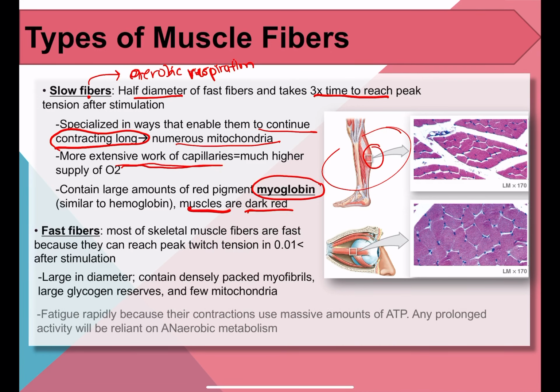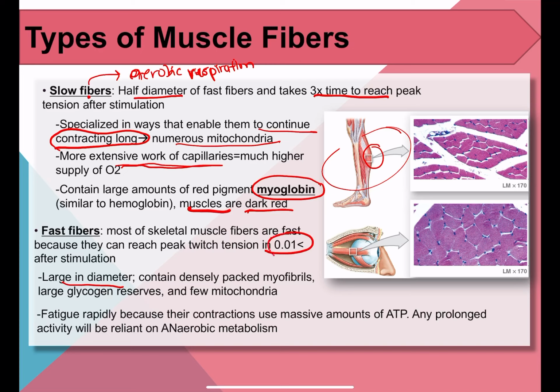Now, the other type of fibers is called fast fibers. Fast fibers are larger in diameter, very different from slow fibers. They can reach peak tension in less than 0.01 seconds after stimulation. That's why they're called fast fibers. They have those fast twitches. They have fewer mitochondria, though, because they're not meant to do prolonged activity per se. Their contraction usually requires more ATP too.